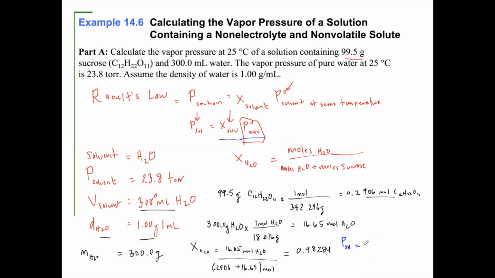So that's going to be 0.98284 times 23.8 torr. And we will end up with 23.4 torr.